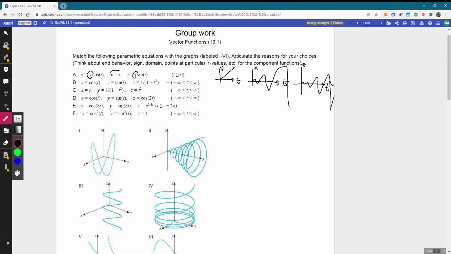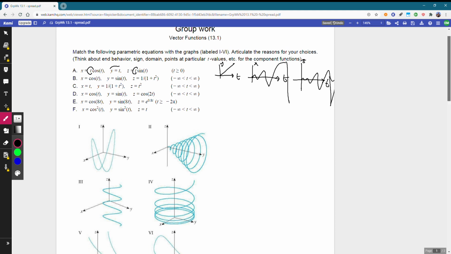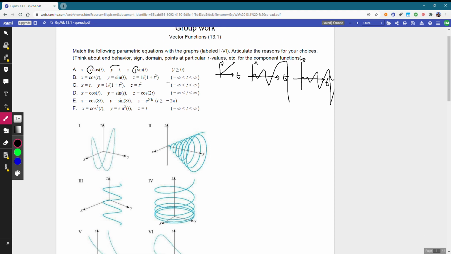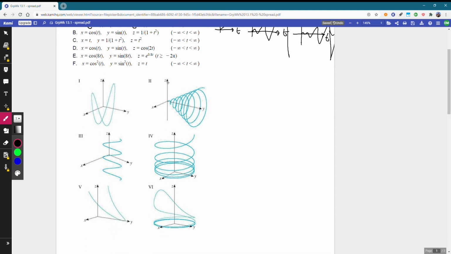And so looking for something like that, where notice y is only positive and x and z are kind of wobbling more and more. That looks like 2 here, where y is only positive for our curve, and we're moving out more and more wildly in the x and z directions. So A is matched with 2.